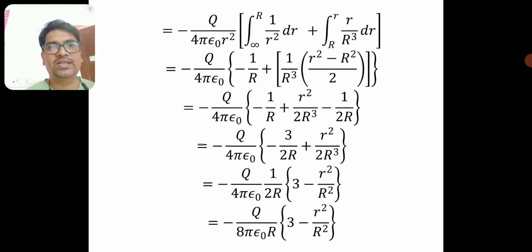The integral of 1 by r square is minus 1 by r, in fact. If I apply the limits, I can apply only the upper limit, because if I apply the lower limit it will be 0. So it is minus 1 by R plus the other integral.